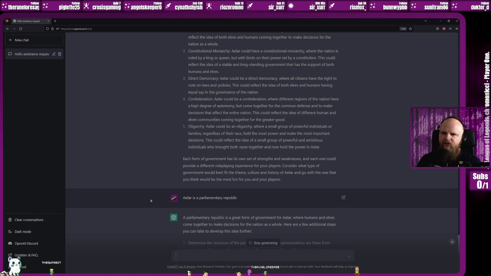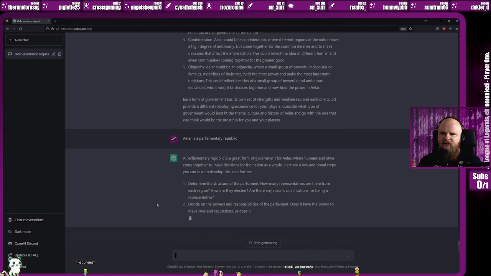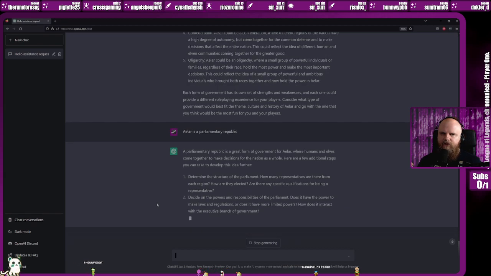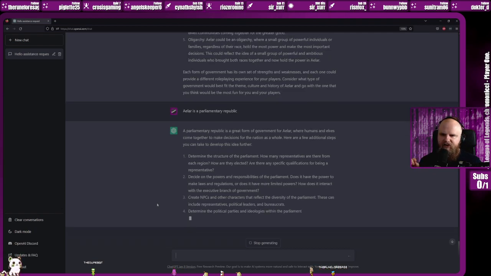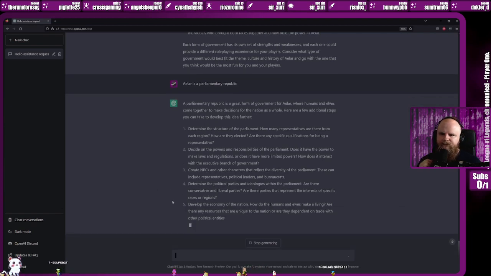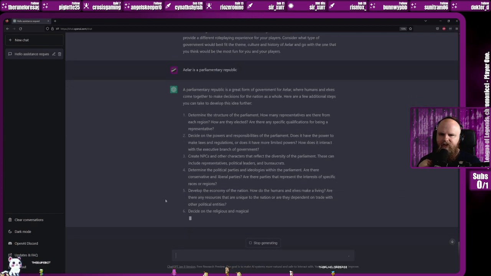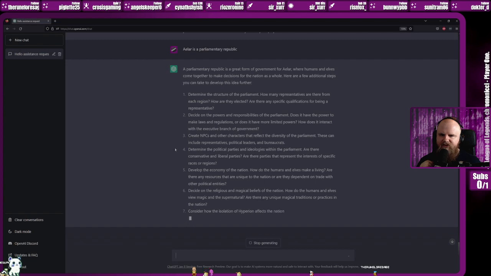I think we'll start with these things, like races, name, and form of government, and we'll just kind of populate the continent with these, and then we'll try to start figuring out where they are on the continent and stuff like that. Structure of the parliament, powers and responsibilities.